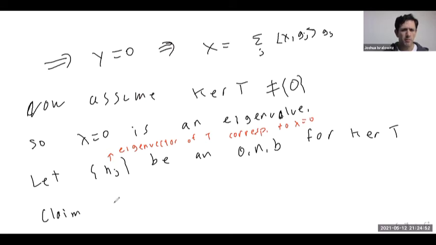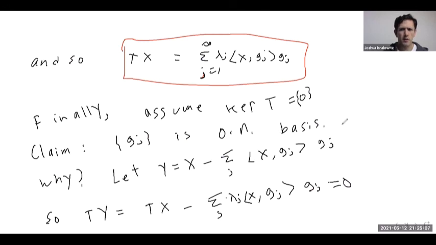So let's finish up by claiming that the union of these, and maybe to clarify, I mean the union of the g_j and the h_j, is an orthonormal basis of my original Hilbert space.